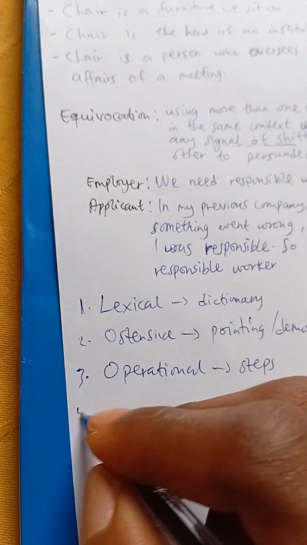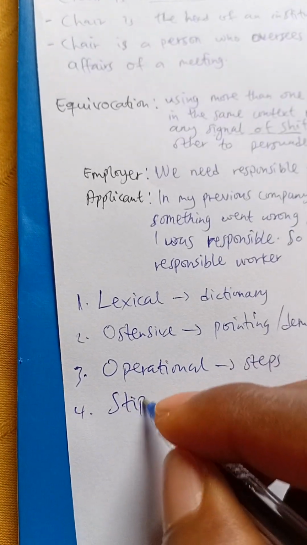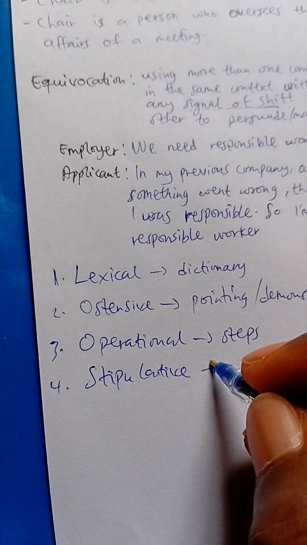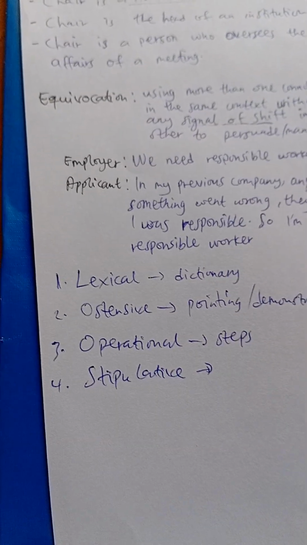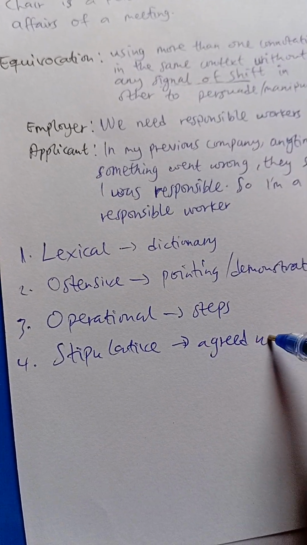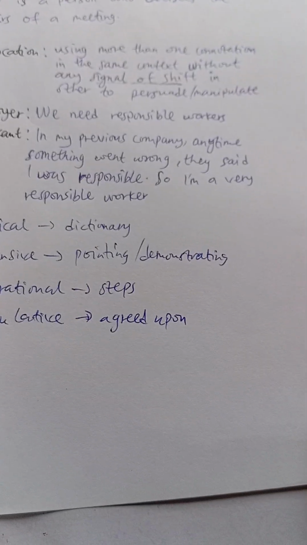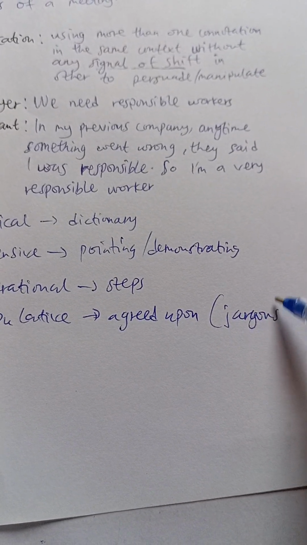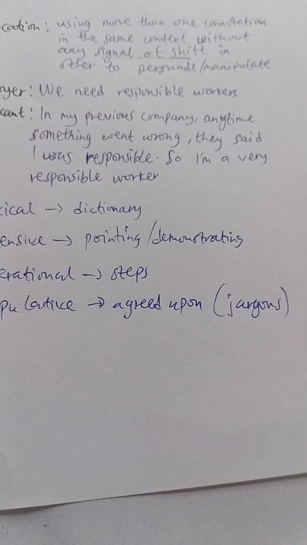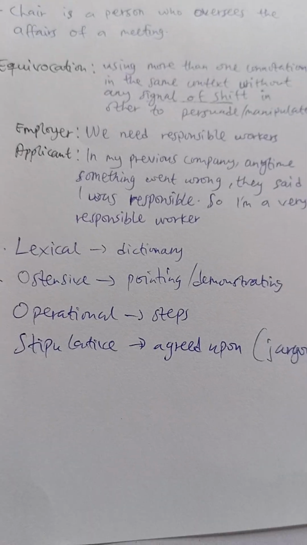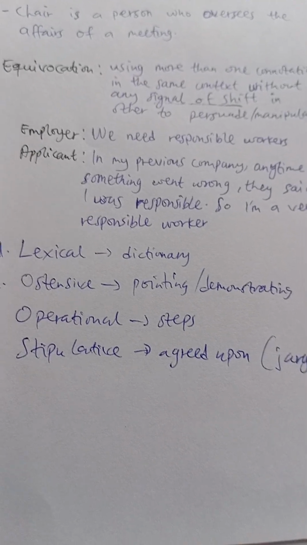Then we have what, a stipulative definition. Stipulative definition. So over here, it's like a group of people have agreed upon what something means. So it's a definition that is agreed upon. A perfect example would be your jargons. This one applies to a particular group of people. Let's say among boys, they have some jargons they use.